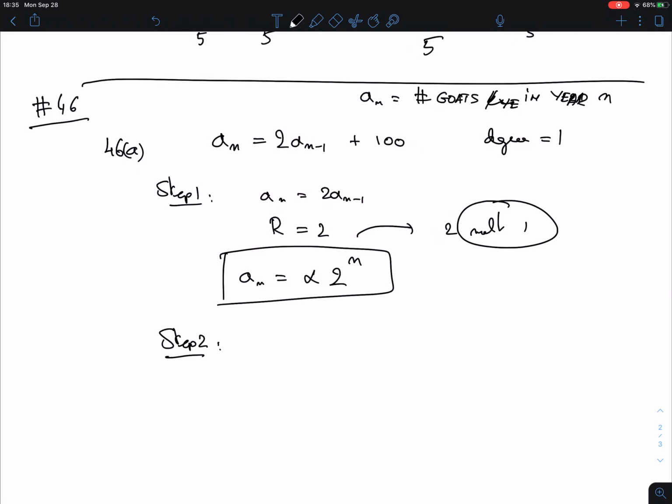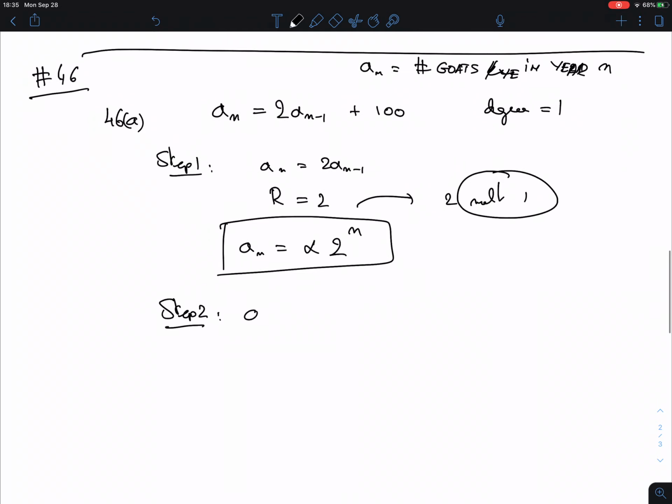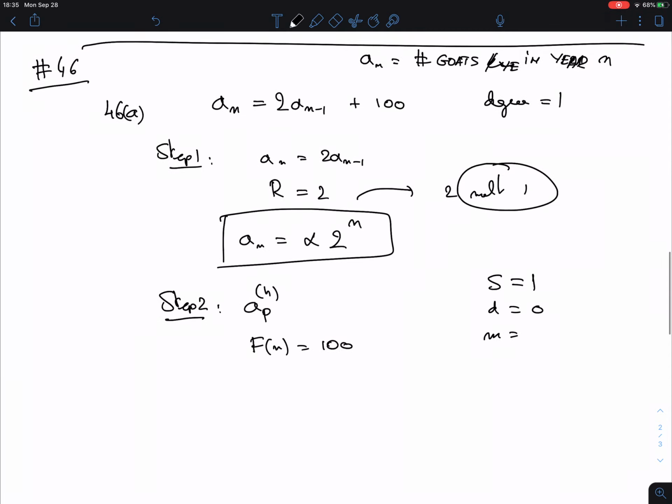Step 2. What's the particular solution? Now we have to come up with a particular solution, and therefore we have to analyze f. So f of n here is actually a constant, 100. That means that the degree is 0 already. Then we only have to talk about s and its multiplicity. What is s here? I hope you are getting very much used to this: if you don't see a power, it means that it was 1. So s is 1.